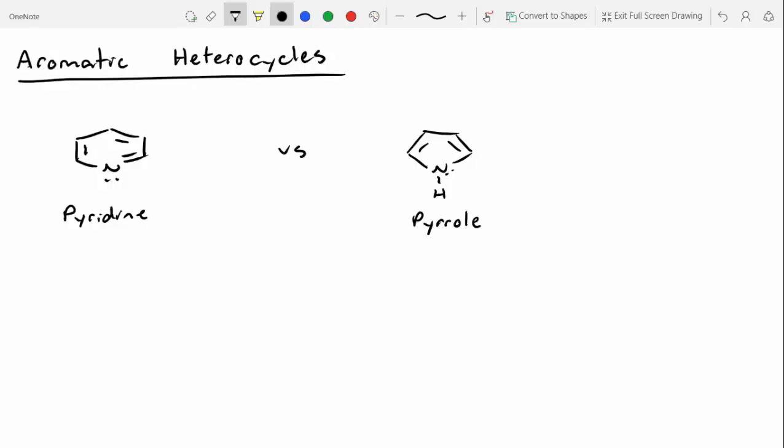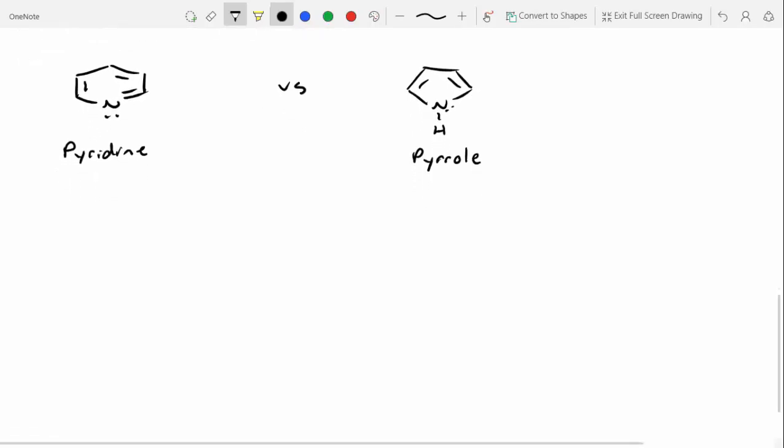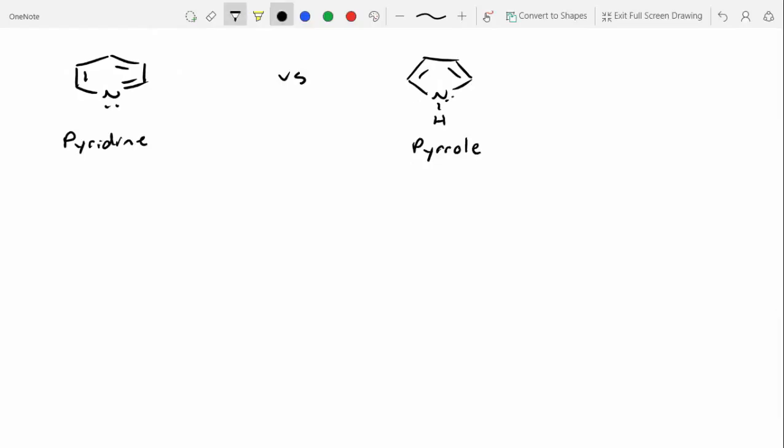First thing we typically do is we have to analyze the orbitals and make sure we've got p orbitals and then count how many electrons are in the p orbital system in the ring. So let's take a look at pyridine, and I'm going to do a side view of pyridine, kind of like we did with benzene. So I'm going to have nitrogen coming off of the end.